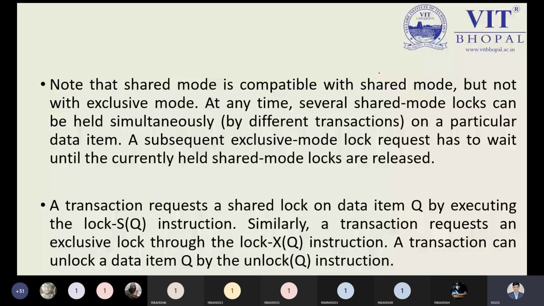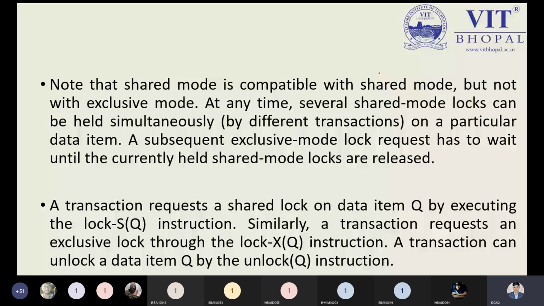A subsequent exclusive mode lock request has to wait until the currently held shared mode lock is released. This can be understood by an example, but this point should be clear.